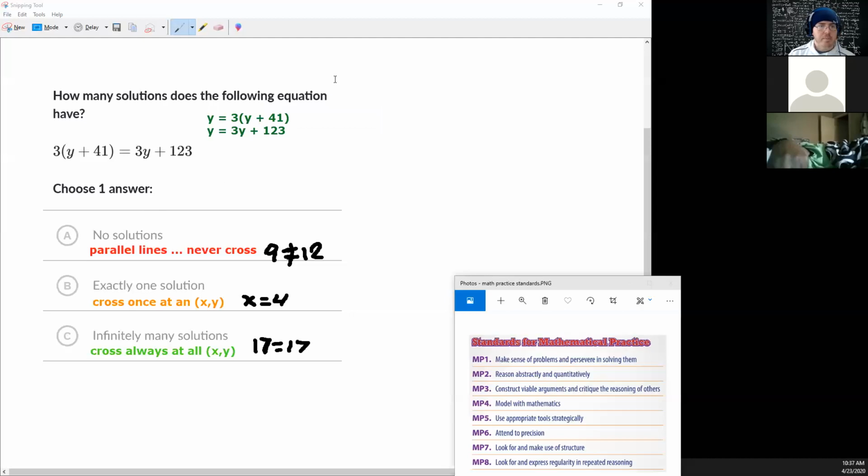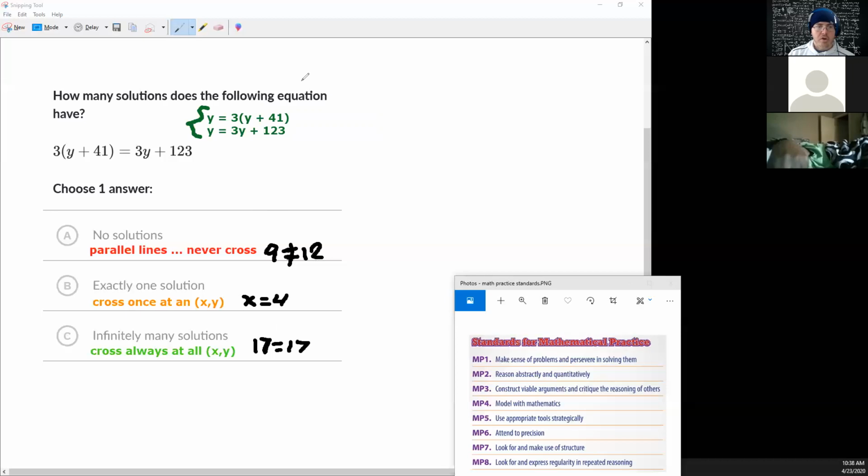That's where this came from. It was a system of equations, and they just put them equal to each other because they are both equal to y. So these are two lines, and we're just trying to see what kind of solution they might have.